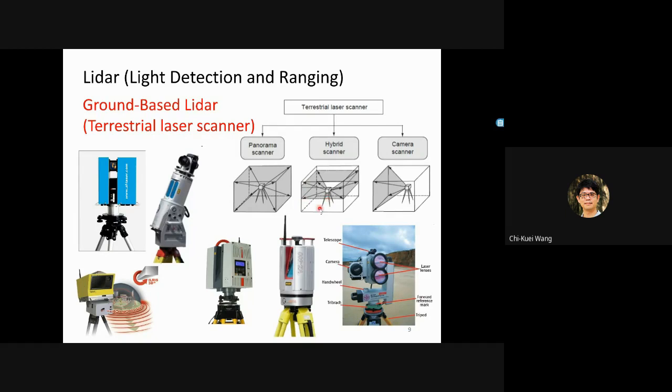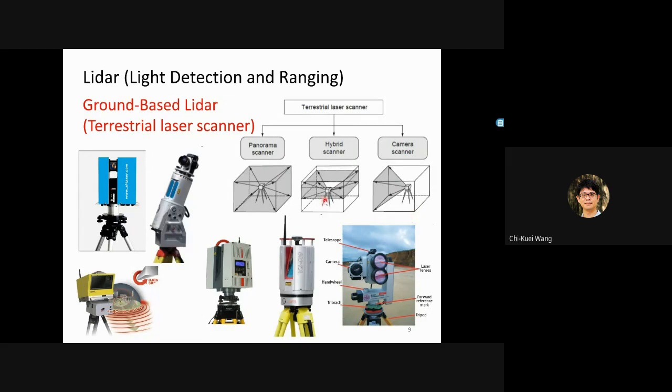For what I know, most systems are hybrid scanners or panorama scanners. The camera scanner is nowadays not very popular.